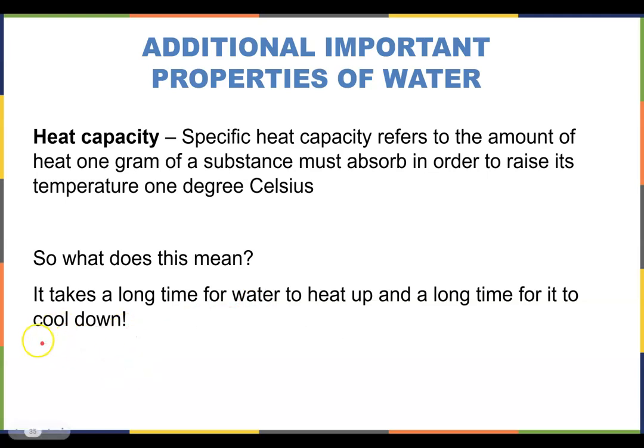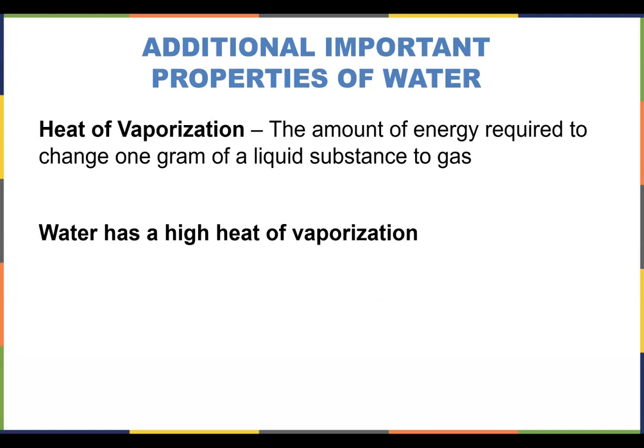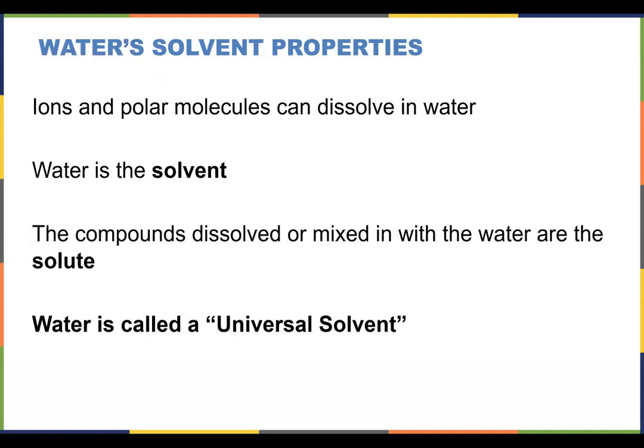So in the wintertime, coastal cities aren't going to get as cold as an inland city might, because they're controlled by the heat of the water that they're nearby. It also takes a lot of heat to change water from liquid to gas, so evaporation. It's going to take a long time for that to happen as well.